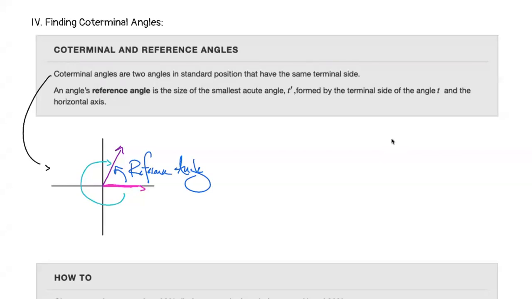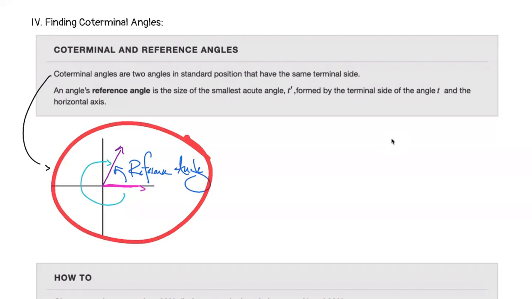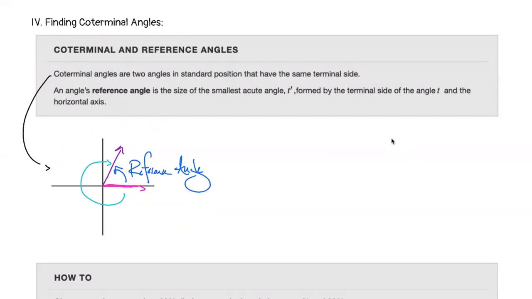All right. These are not the only 2 angles though that we could create that are coterminal. Okay, so something we will see is sometimes someone might draw an angle like this. Okay, the initial side is here, the terminal side is here.